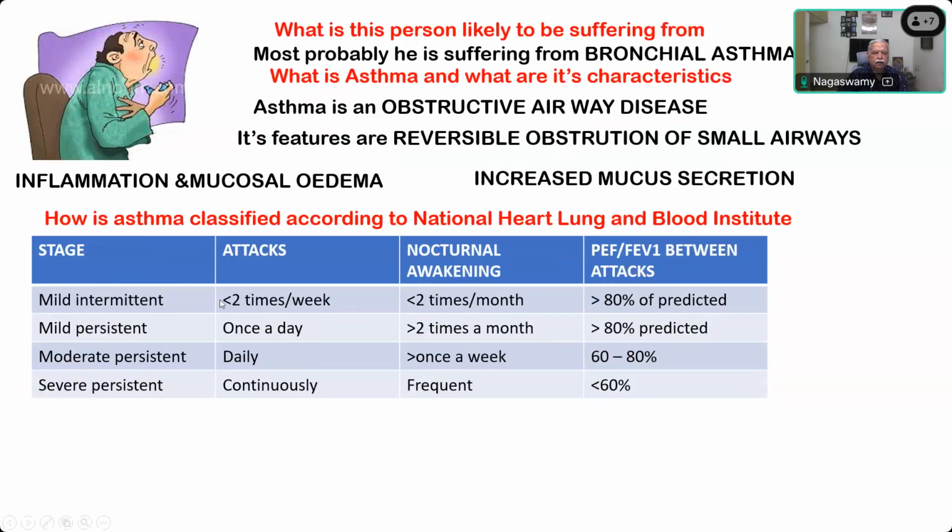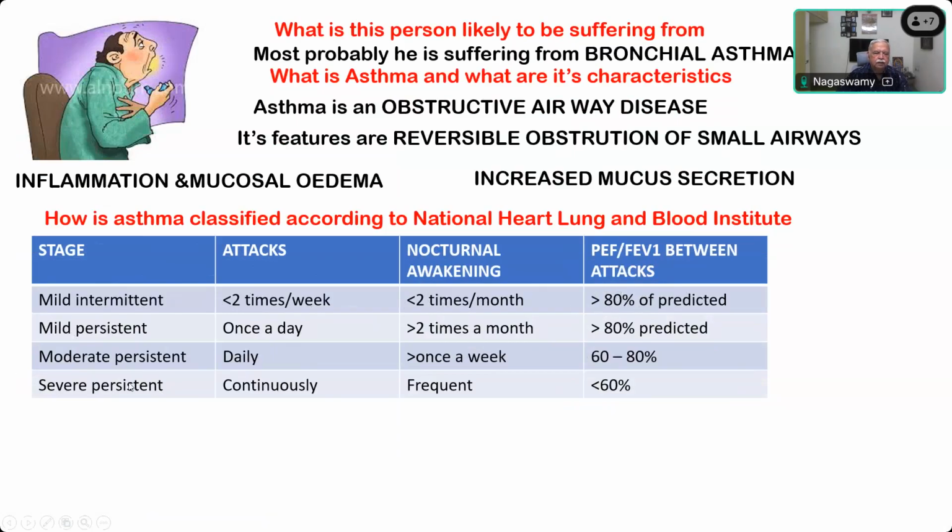If the attacks are less than 2 times a week, it is called intermittent. And when the patient wakes up less than 2 times in a month, it is also intermittent. And the PEFR between attacks is more than 80% of predicted. When you do the pulmonary function test, FEV1 is more than 80%.